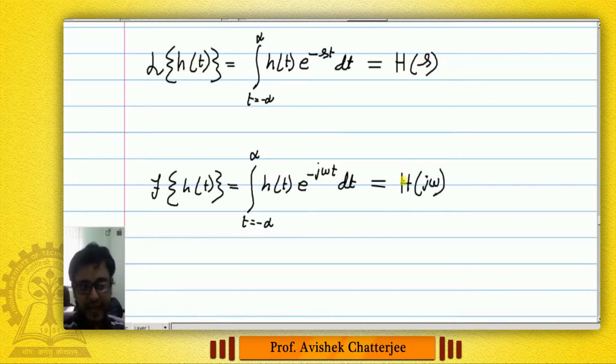So from now onwards I will use capital letters with argument s to denote the Laplace transform of a signal, and capital letters with argument j omega to denote the Fourier transform of the same signal.